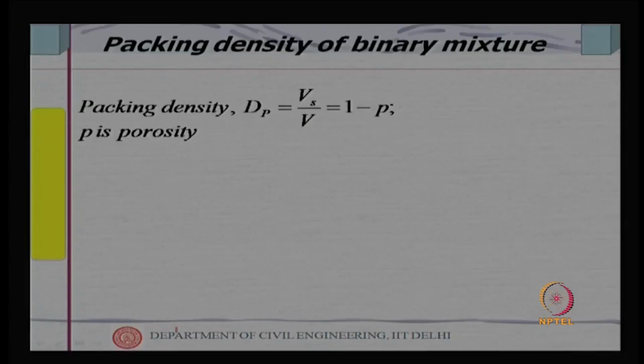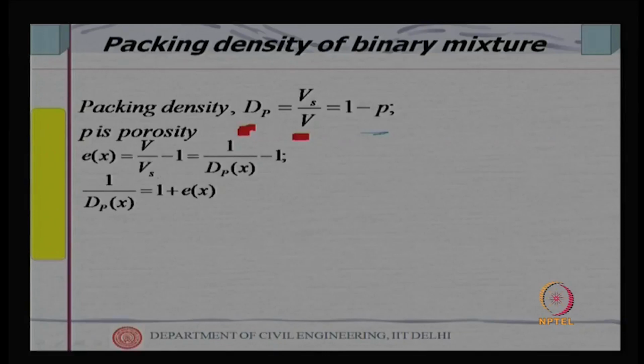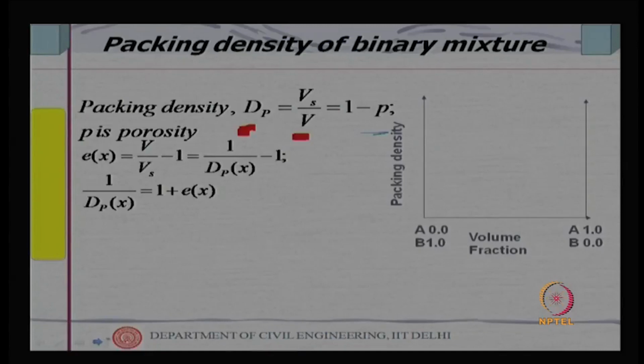If I calculate the packing density of the binary mixture, let me call it dP, and I have defined it like this, 1 minus P, then Ex is V divided by Vs minus 1. So, this is nothing but 1 by packing density, minus 1. In other words, I can write 1 by dpx equals 1 plus Ex, and this graph will now look like this.